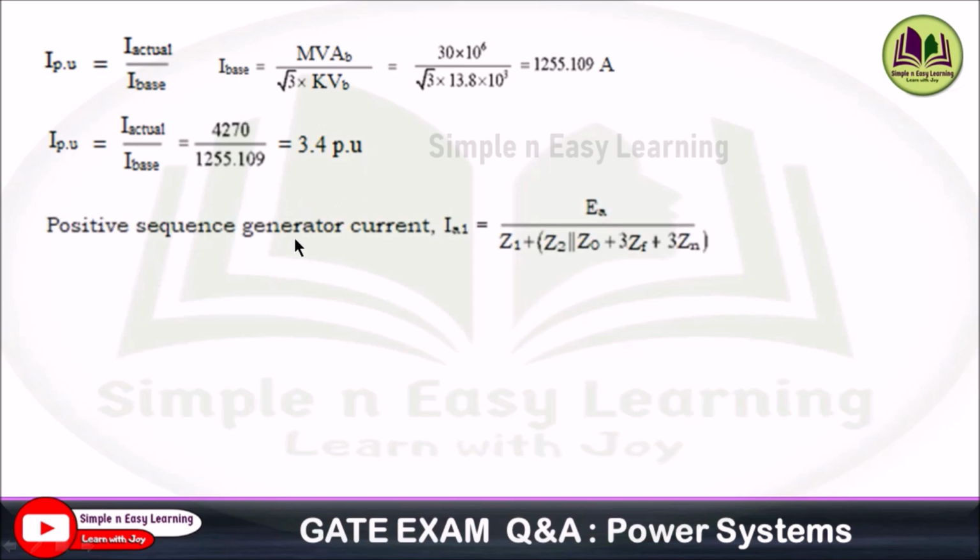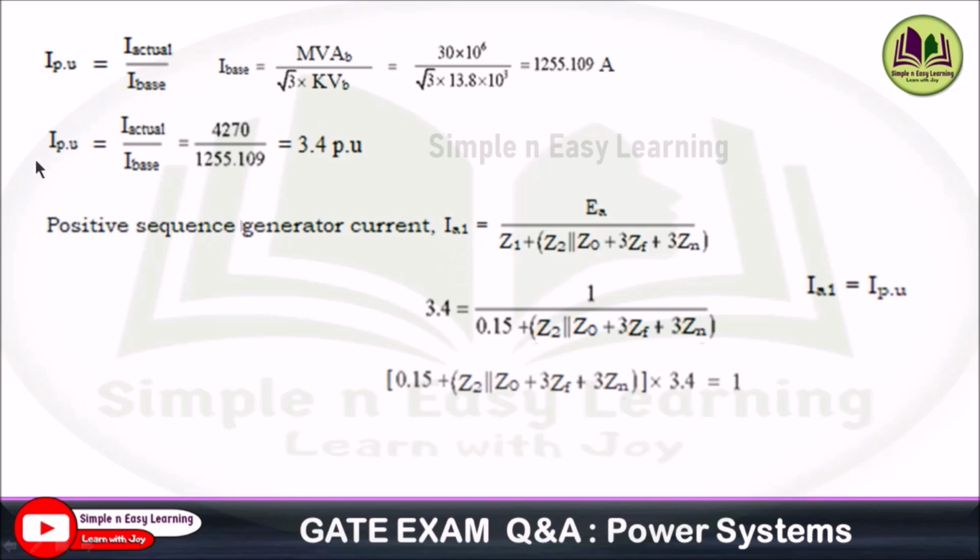The positive sequence generator current IA1 will be equal to EA divided by positive sequence impedance Z1 plus the parallel combination of Z2 and this whole factor Z0 plus 3ZF plus 3Zn. IA1 is equal to I per unit. Substituting that value and the Z1 value, keep all the remaining terms as they are.